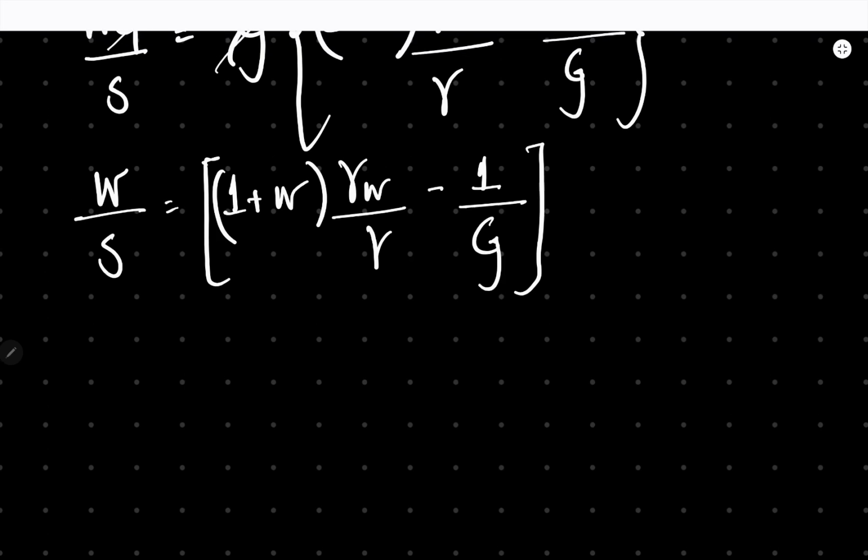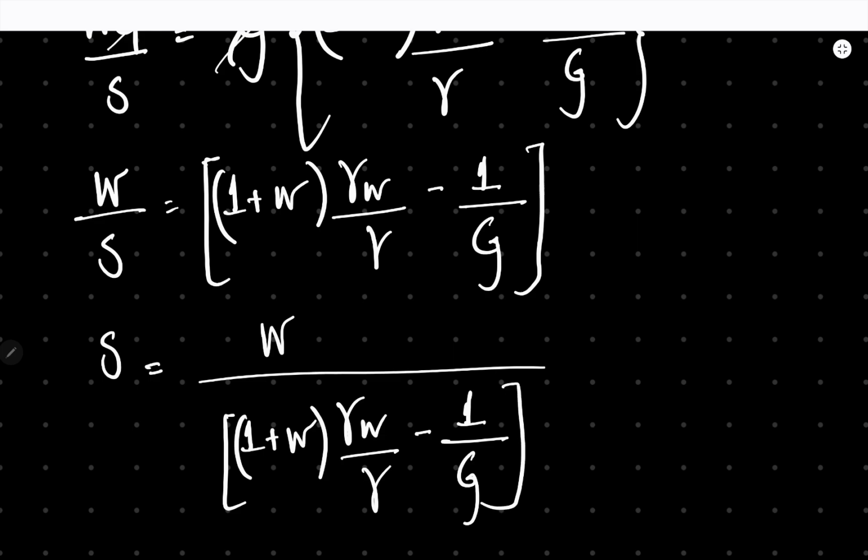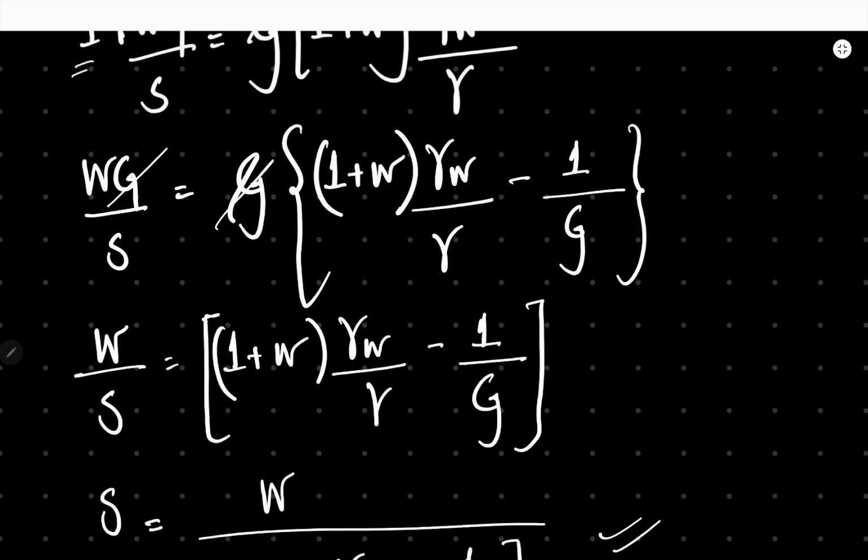I have to take the value of S. So S becomes how much? S is this. If this will go here, this will be 1 plus W, this minus 1 by G. And that's what we had been asked to prove.